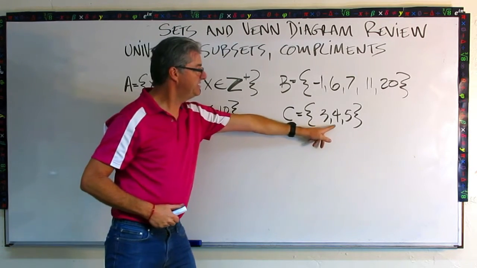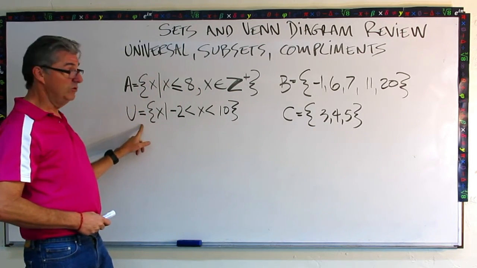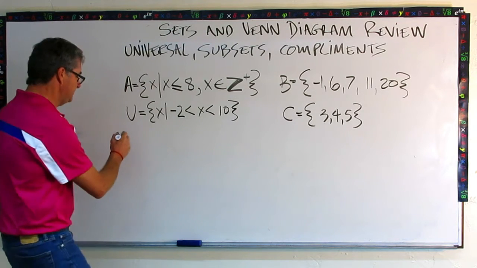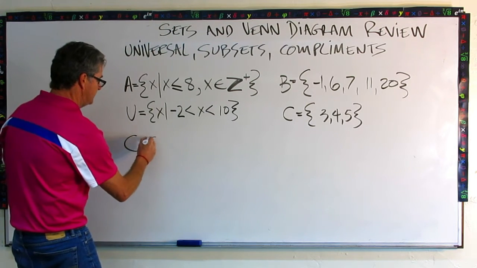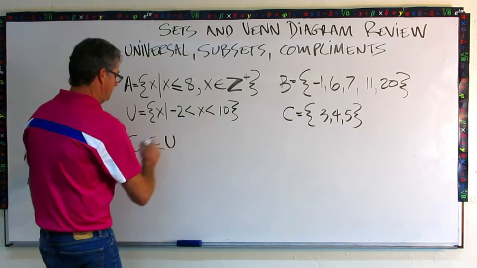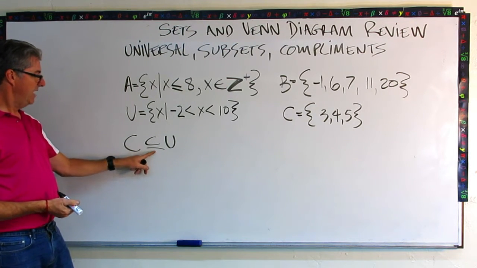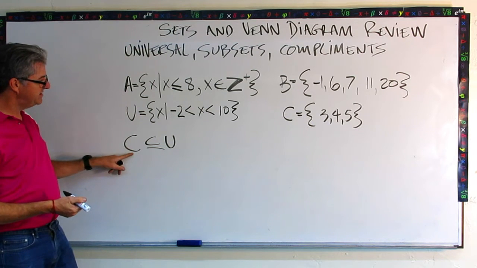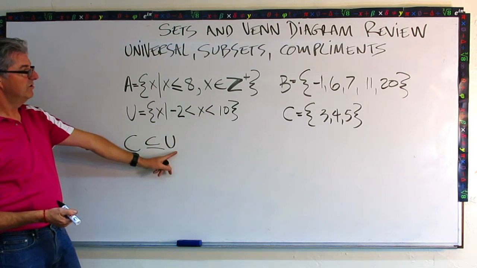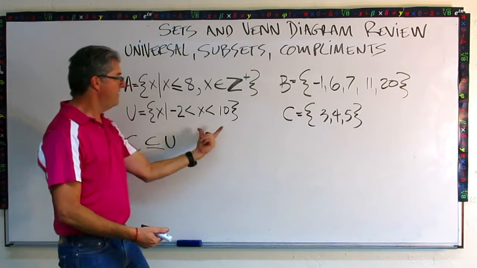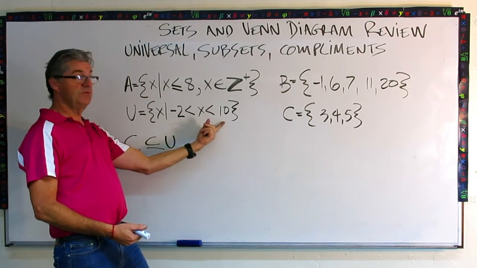Every element in C is also in U. So we can write that like this. C is a subset of U. This little symbol stands for subset of, and this tells us that every element in C is also in U. And you can see that 3, 4, and 5 are definitely between -2 and 10.